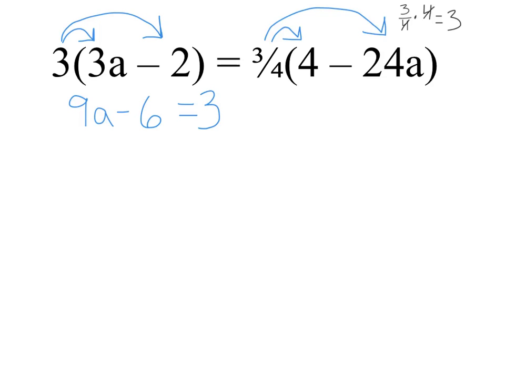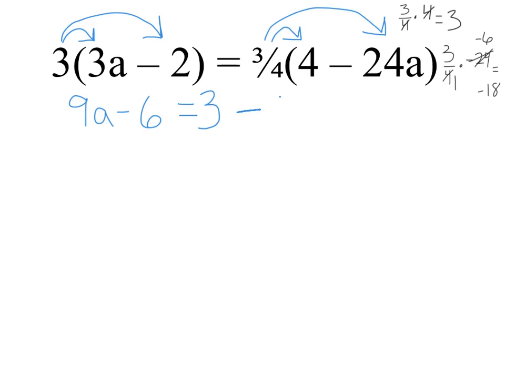And then we're also going to need to multiply 3 over 4 times negative 24. And that will cancel out to a 1. And negative 24 is going to give us a negative 6. So 3 times negative 6 is going to give us a negative 18, which is what we're going to come and write over here in our equation.